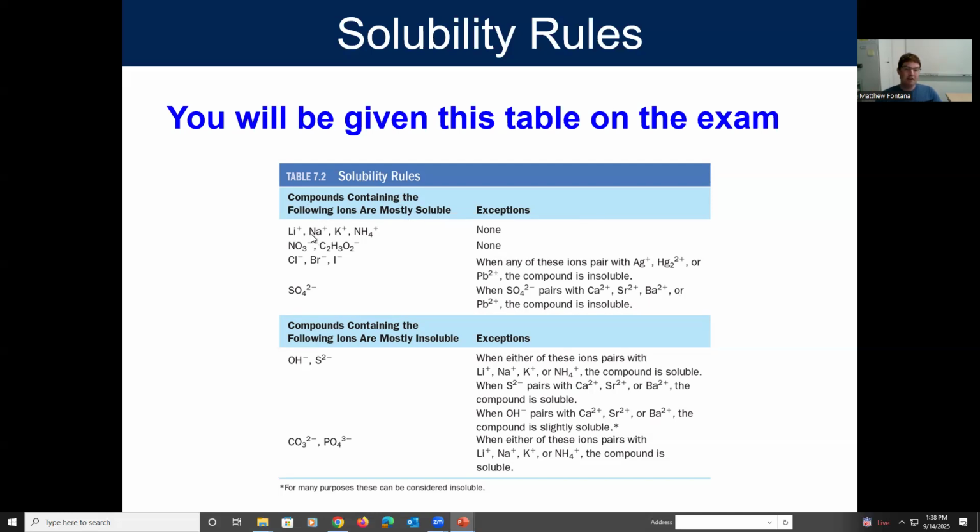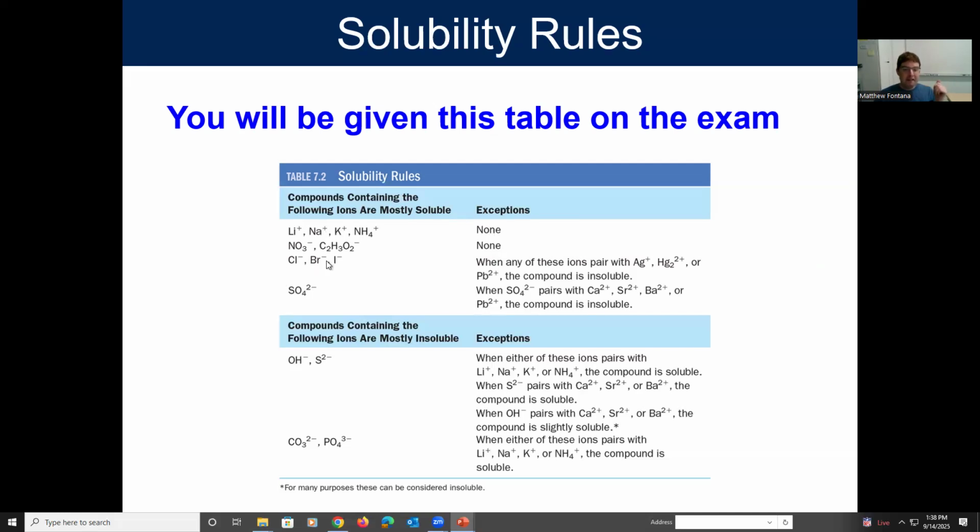So if you have lithium cation, sodium cation, etc., the following ion is going to be soluble. So what this means here is there are going to be no exceptions. So if compounds contain any of those as the cations, then it's going to be soluble in water. Then if you go down to here, here you have some anions.